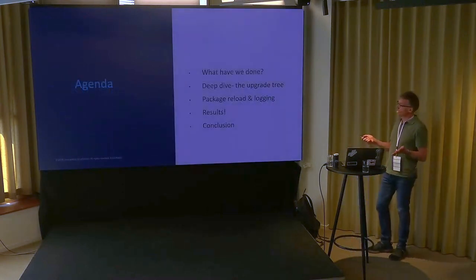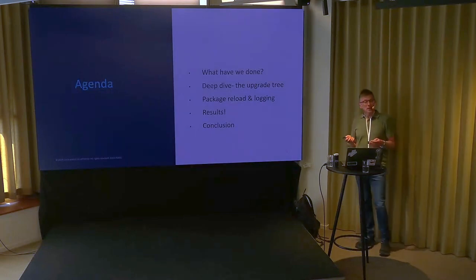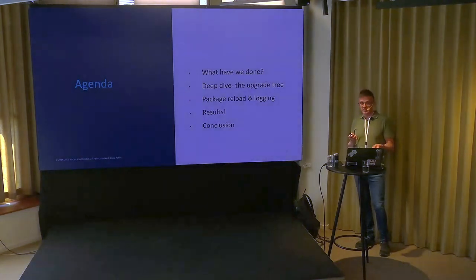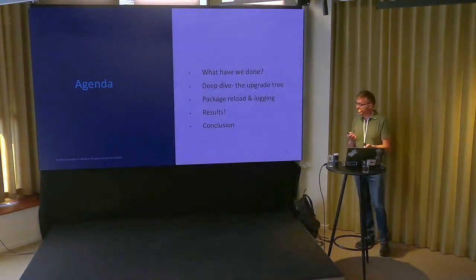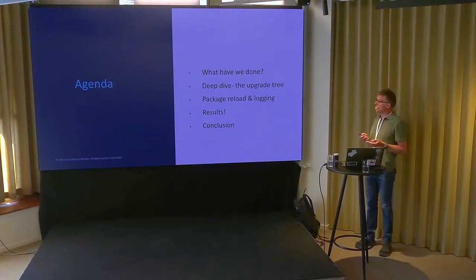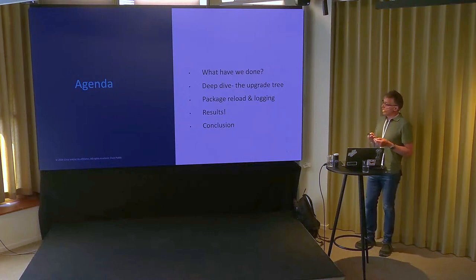The agenda. So what have we done? I'm going to talk about the work we have done since 6.1, that is 6.2 and 6.3. I am going to do some kind of a deep dive. I'm going to talk about a novel key data structure that is called the upgrade tree.